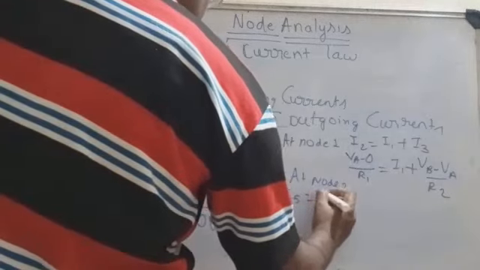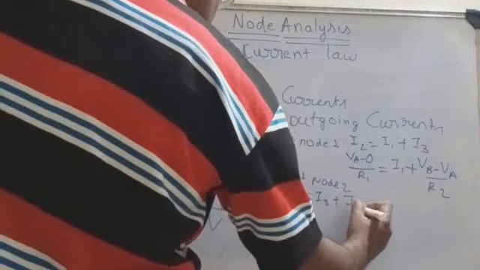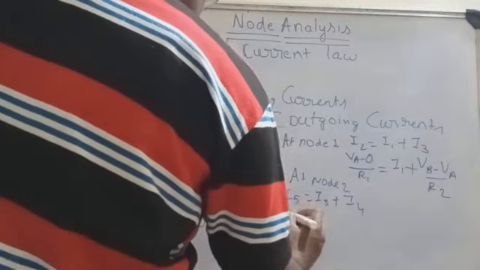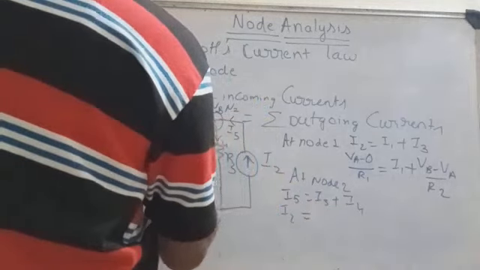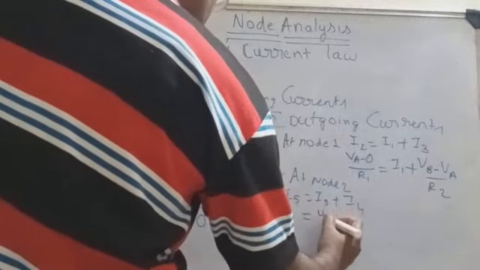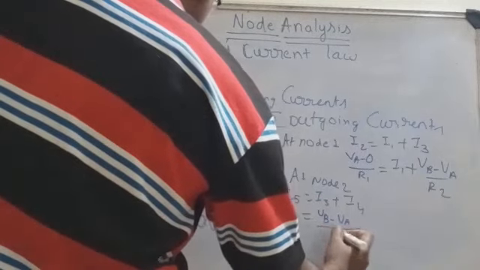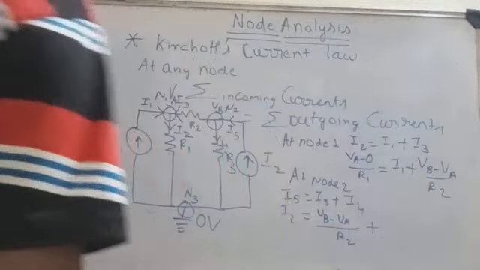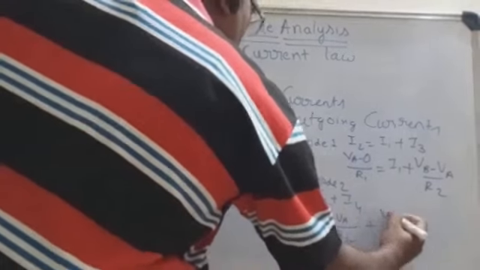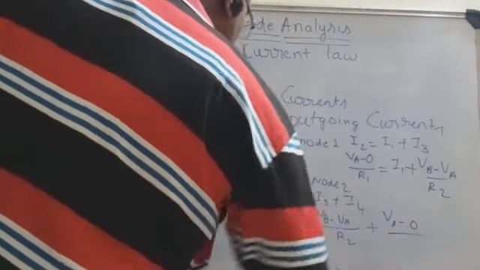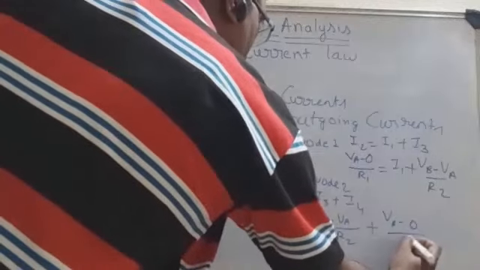So I5 is equal to I3 plus I4. So I4 is nothing but I2. I3 is VB minus VA divided by R2, plus I4, VB minus ground 0 divided by R3.